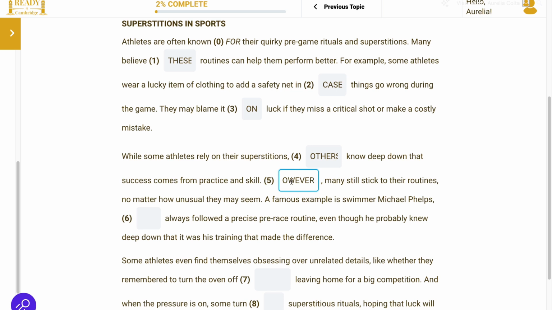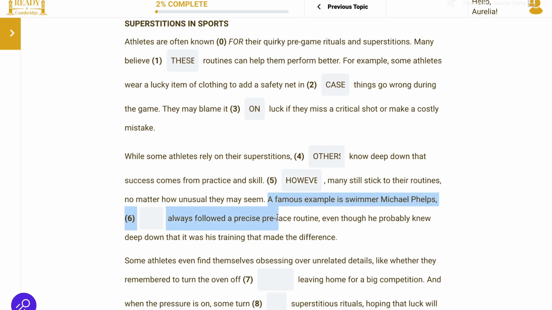Now, ready to move on to the gapped sentence number 6? Let's read it. A famous example is swimmer Michael Phelps, who always followed a precise pre-race routine, even though he probably knew deep down that it was his training that made the difference. We need a relative pronoun here.